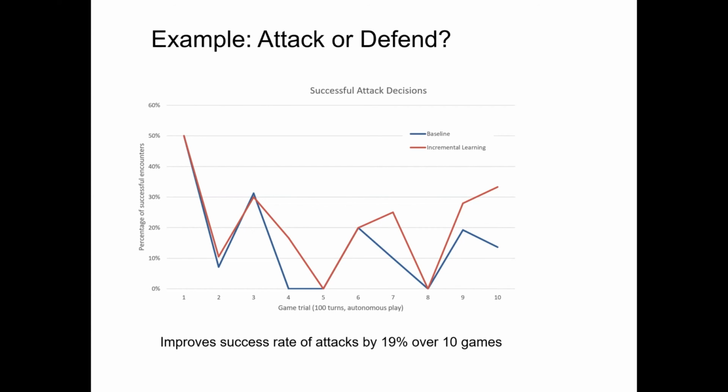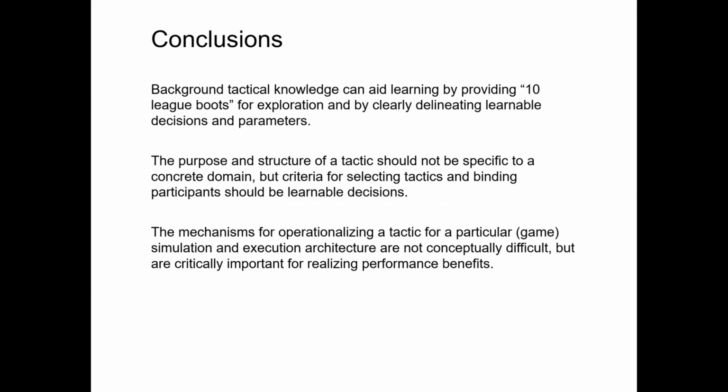When an enemy comes within range, you automatically attack, and that doesn't do so well. What it does is it learns essentially when not to. It's using analogy to generalize the conditions under which it succeeded and when it failed, and we improved by 19% over 10 games. So just proof of concept.